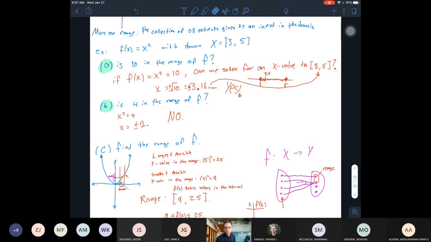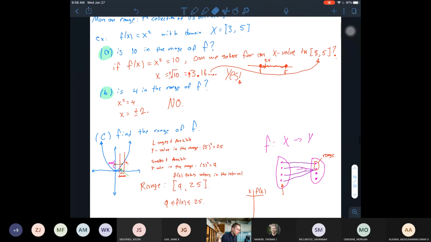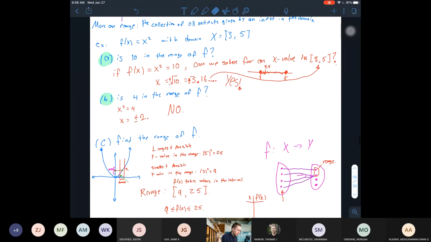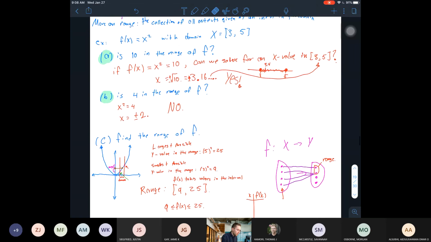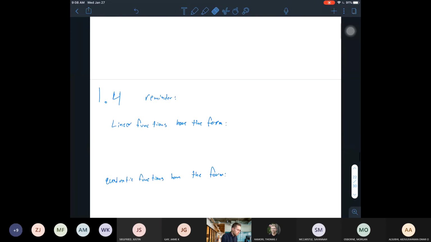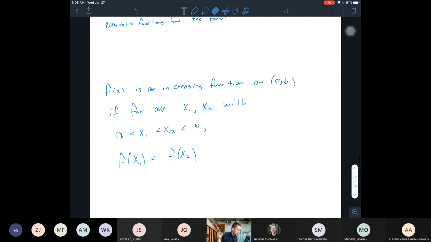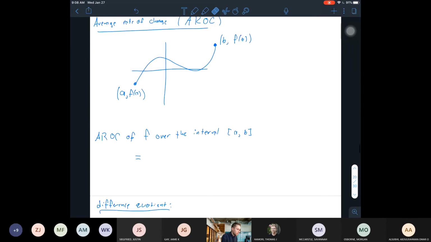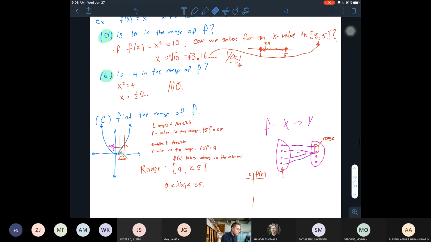Is there any need to draw a graph always? No, not necessarily. You could have made this observation algebraically, using something we're about to learn later on, though we might not get to it today.